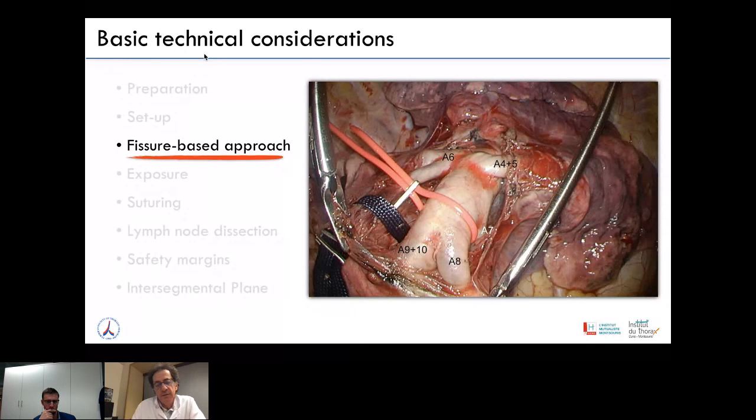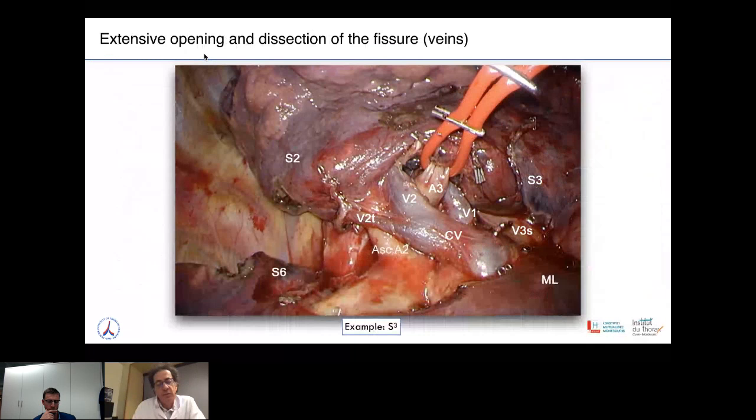This should be done for arteries and for the veins. As you see on this picture, you can get these pictures. I think you will agree that it looks very much like an anatomical book.